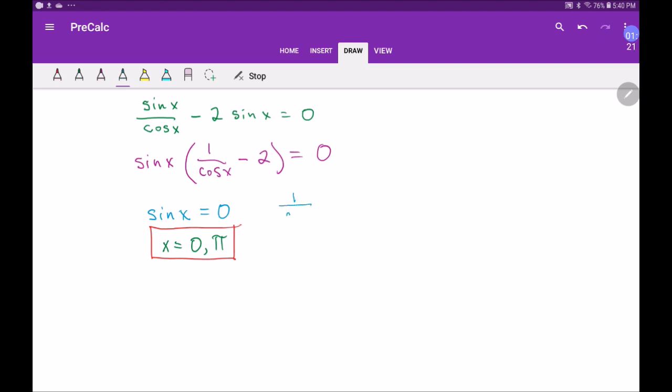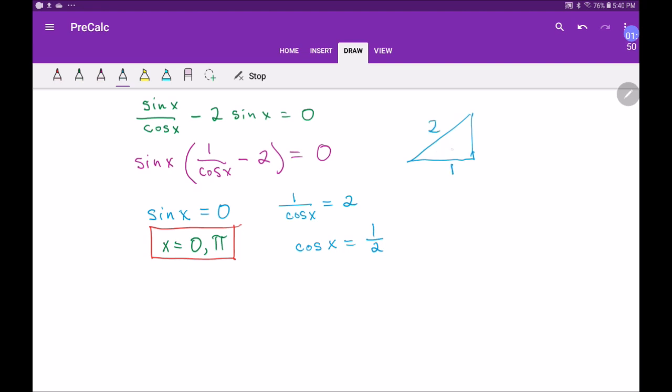Then the other situation comes in, and we say 1 over cosine x would equal, if I want that to be 0, right? Well, I don't want the cosine on the bottom, so I'm going to switch places with the 2 and the cosine. So where is the cosine of x equal to 1/2? Algebraically, I can say that. Where does that happen? The cosine is the adjacent over the hypotenuse.